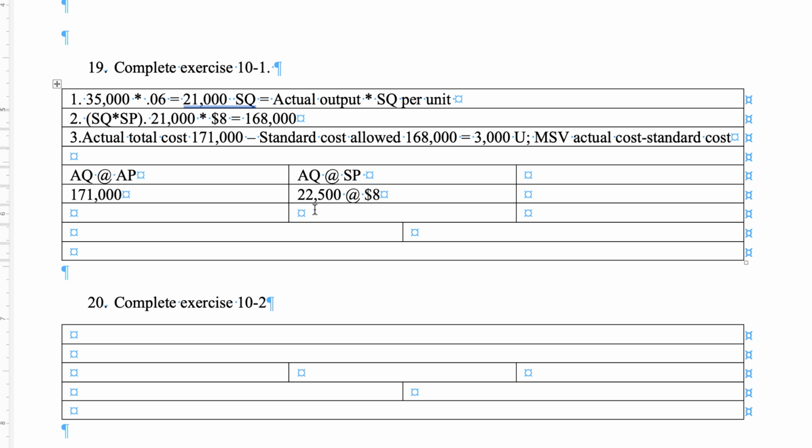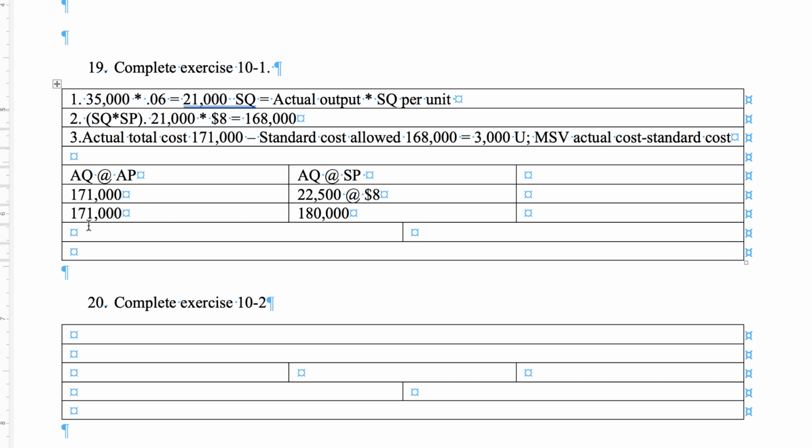If we multiply these two, we end up with a price that we should have paid based on the quantity of $180,000. We're going to compare that to our $171,000. I'm just going to bring it down. So are we favorable or unfavorable? We should have paid $180,000.